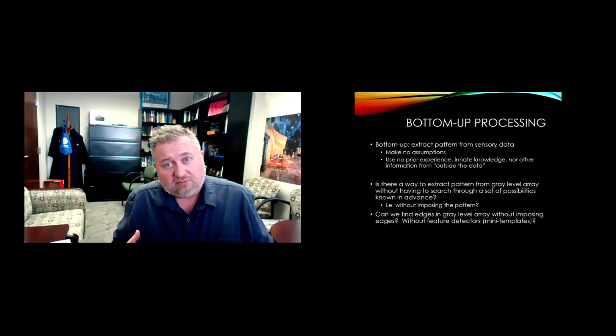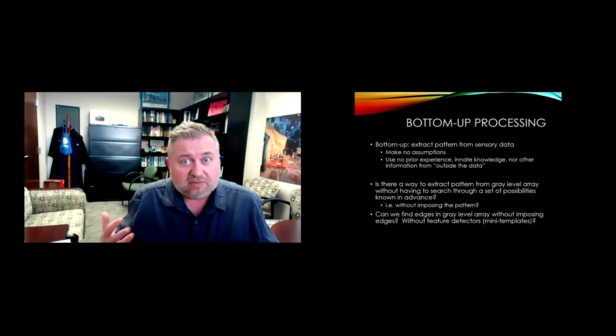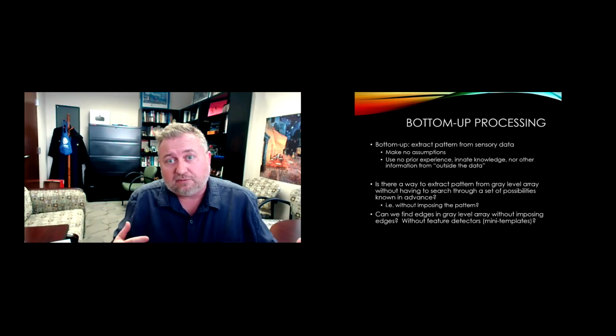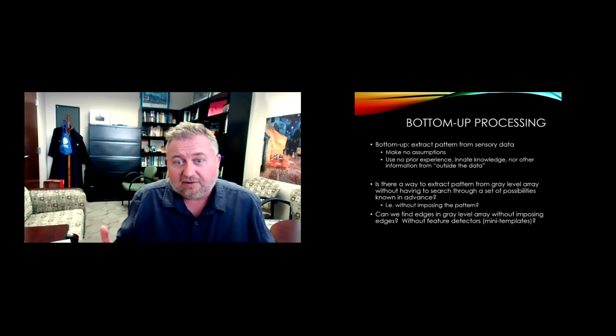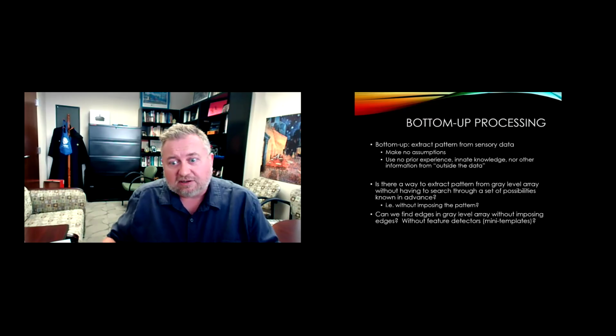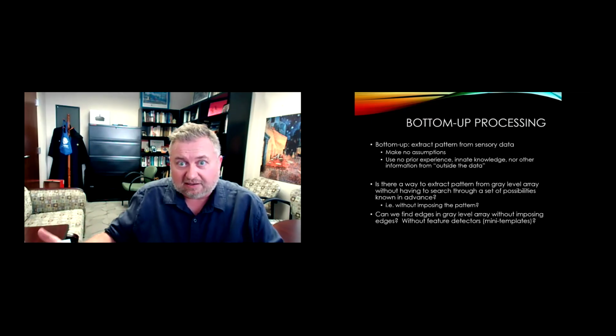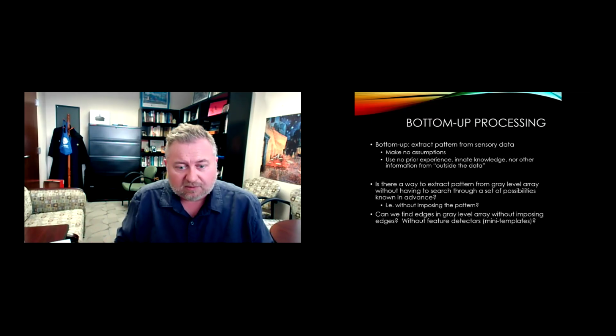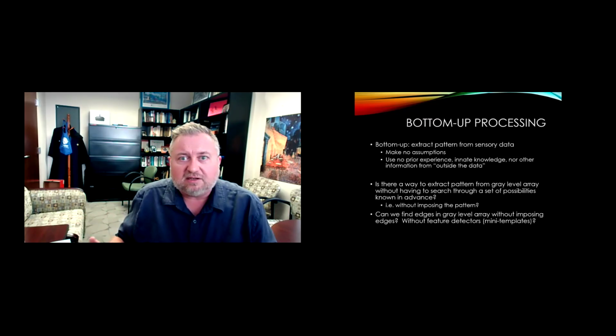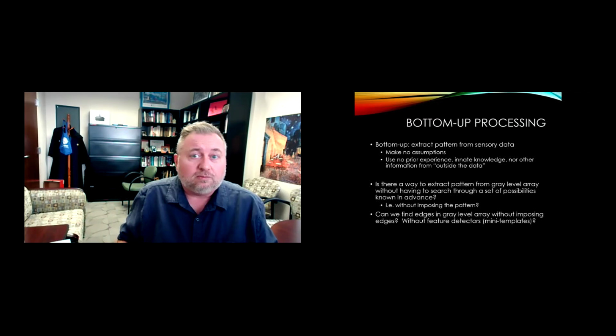But of course, when it comes to human vision, we have literally millions of rods and cones in the eye, and therefore the amount of pixels we have is a pretty large number for visual processing. So how many possibilities do we have there? It's a lot, right? But I could store all of the possible combinations. If I had this kind of stored long-term memory of all the possible gray level arrays that my eyes could potentially ever be exposed to, I could have them saved in long-term memory along with labels.